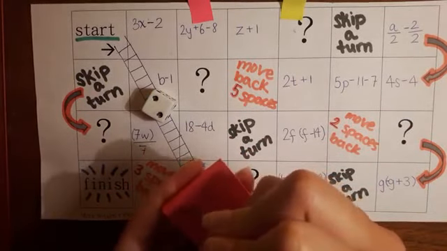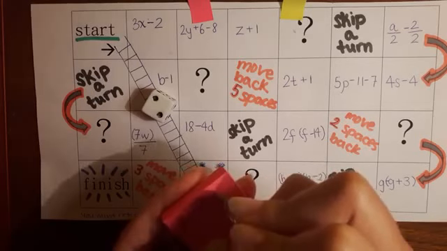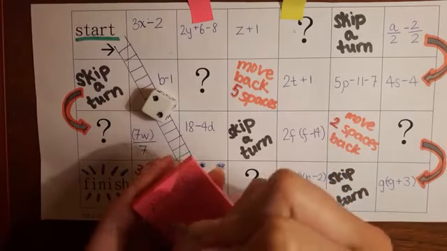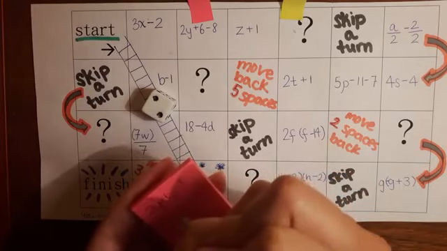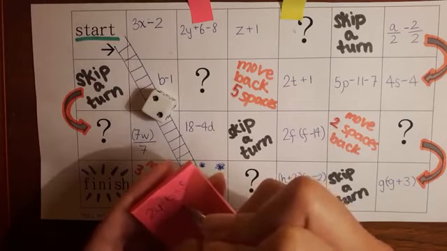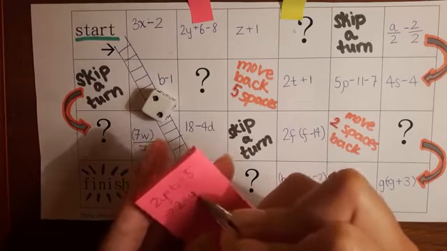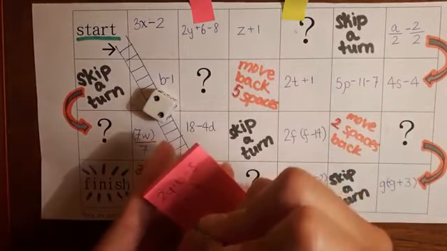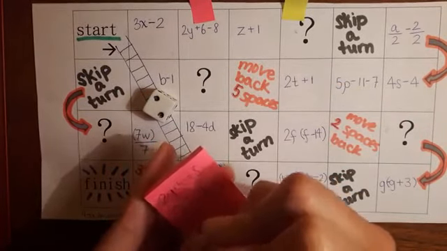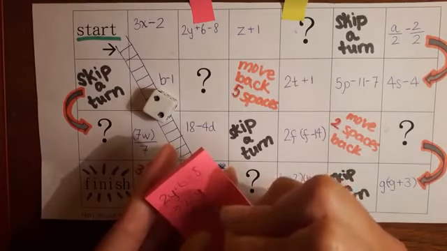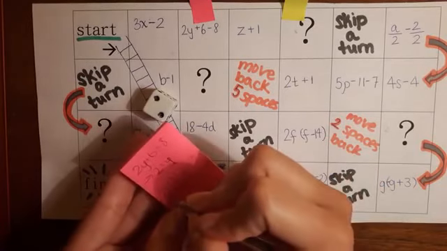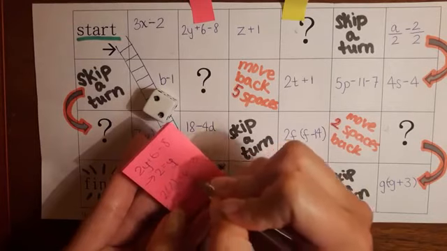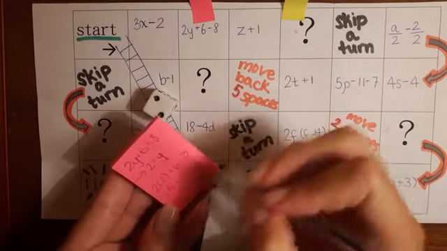So the pink guy starts with writing the equation that they landed on. Okay, they're going to write down the number that they rolled, and that is equal to the variable that their equation has. They're going to substitute that variable into the equation and solve for the equation. Whatever number they get, they will be moving that number of spaces on this turn.